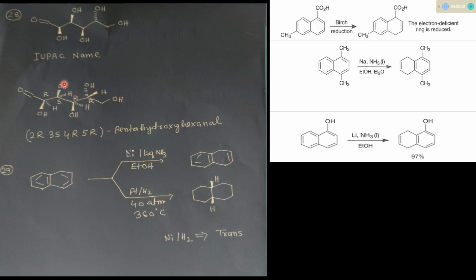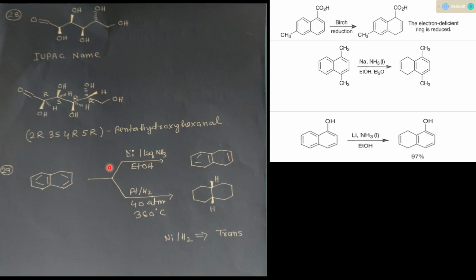So question number 28 was the IUPAC name. Question 29: this naphthalene molecule, if we treat it with lithium or sodium in liquid ammonia and ethanol, then there are four options, out of which one is correct.